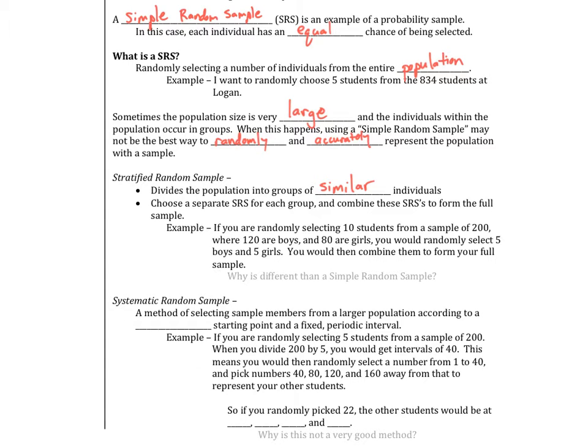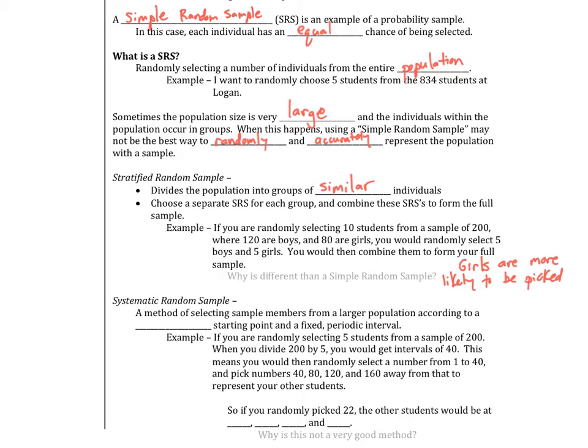Why is this different than the simple random sample? Girls are more likely to get picked than boys. So why is this more likely?